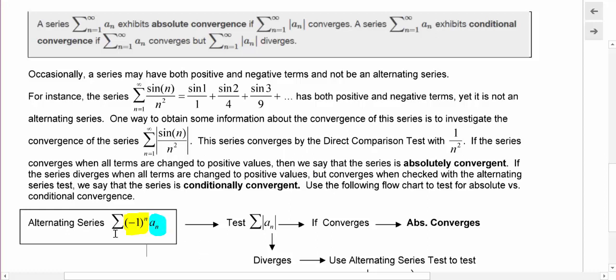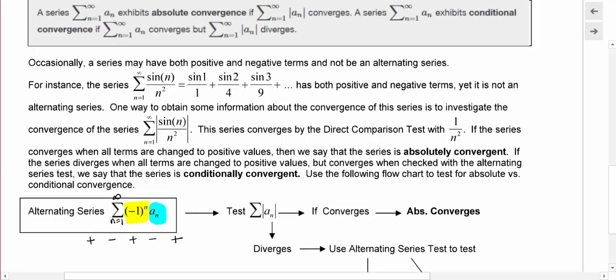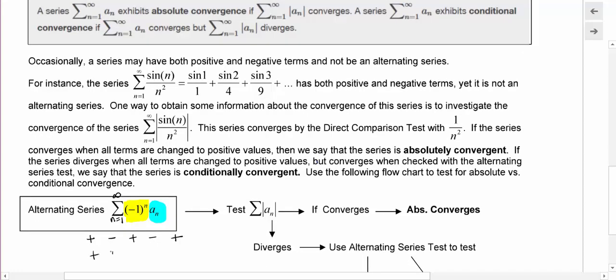So if this is my infinite series, and something that we're assuming is that we're starting at 1 or 0 or 2 or whatever, and we're going to infinity, what I'm going to do is test the positive series. The alternating series, where I'm alternating plus, negative, etc., versus the series of all positives, I'm talking about the same values within that series.